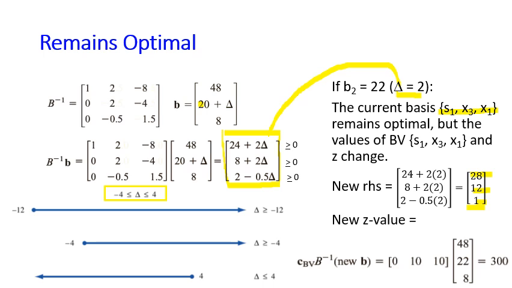And then we may compute the new z value using cBV B inverse times the new small b. cBV B inverse does not change, still 0, 10, and 10. And the new b is 48, 22, and 8. And then we get the result that the new z value is 300.